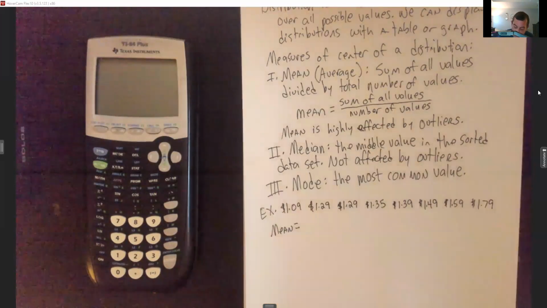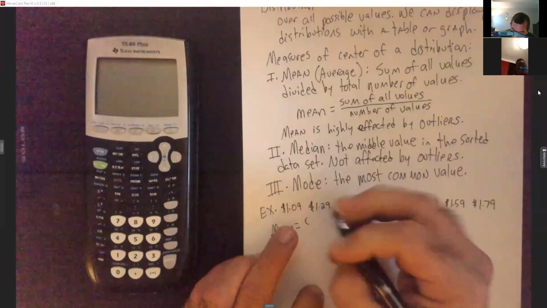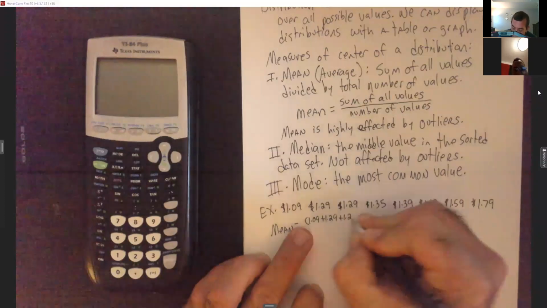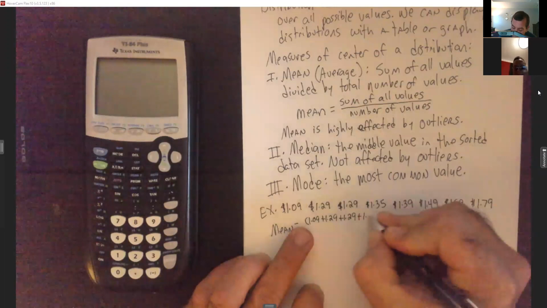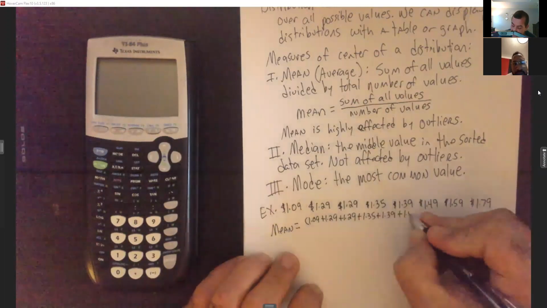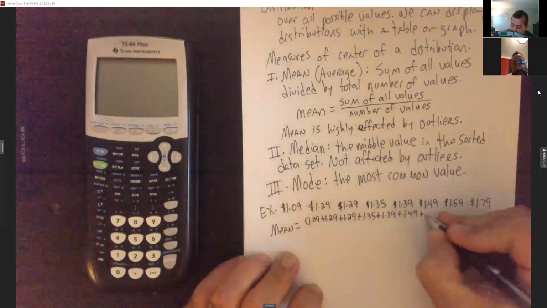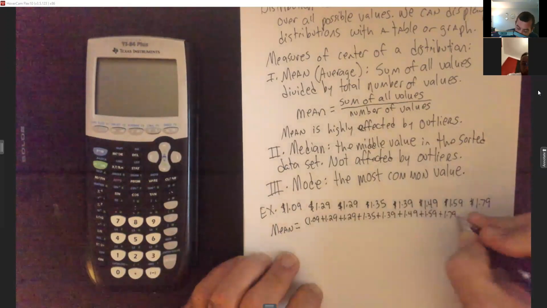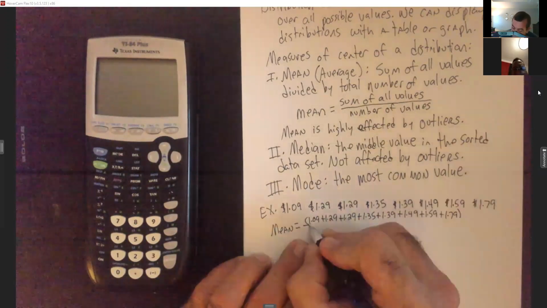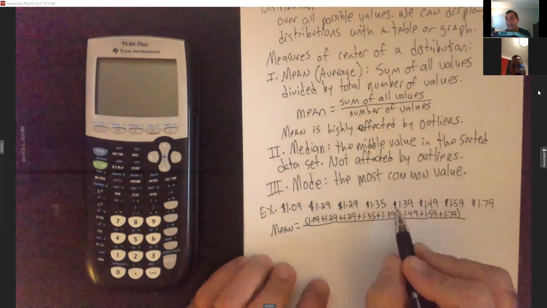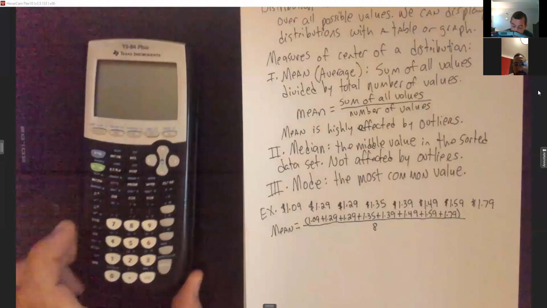So if I was going to do this on my calculator, I would add 1.09 plus 1.29 plus 1.29 plus 1.35 plus 1.39 plus 1.49 plus 1.59 plus 1.79. I would add all them up and divide by 8, since I had 8 of those values.